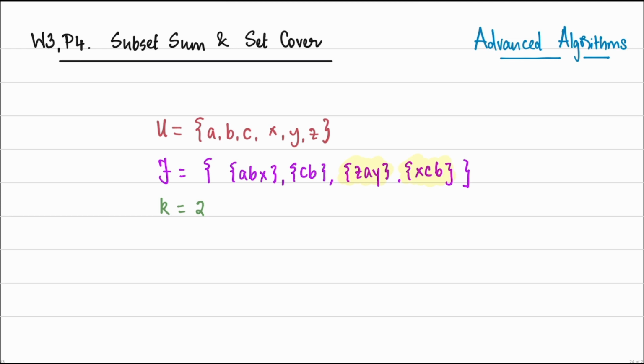Let's just confirm that. We have A, B, C, we have X, Y, and Z. So everything is indeed covered, and that's what you would call a yes instance. But if we reduced the budget to 1, then it's clear that there's no single set which is the entire universe. So the answer with that slightly tighter budget would actually be no.